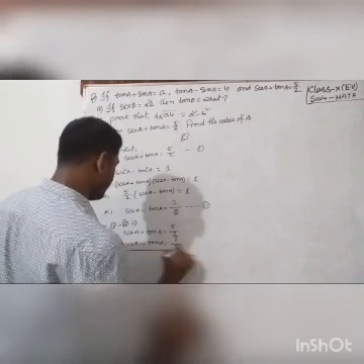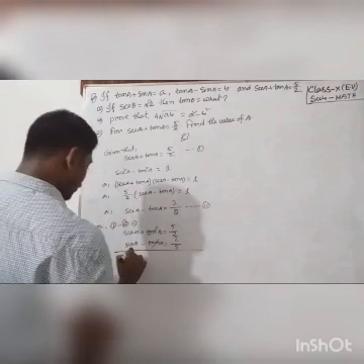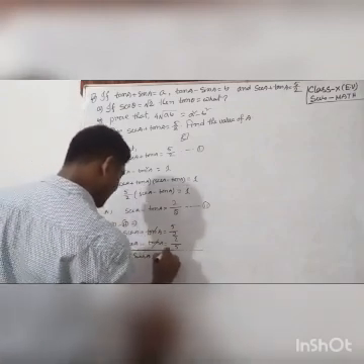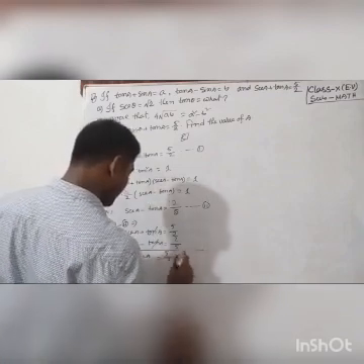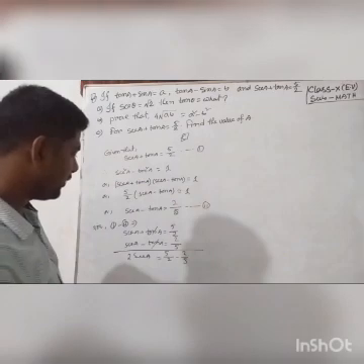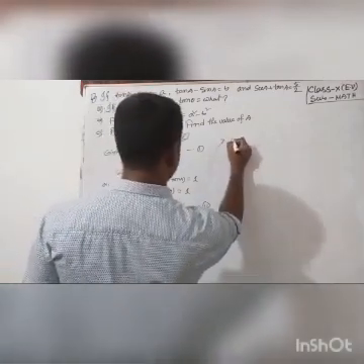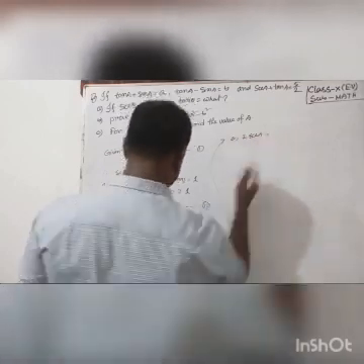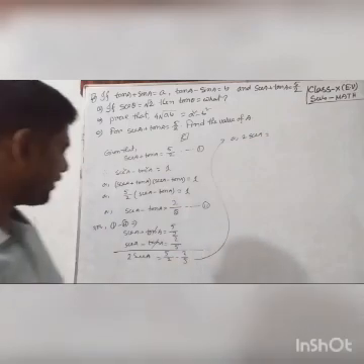Tan a term cancels out, and it will be 2 sec a equal 5 by 2 plus 2 by 5. Okay, 2 sec a equal, LCM of 2 and 5 will be 10.